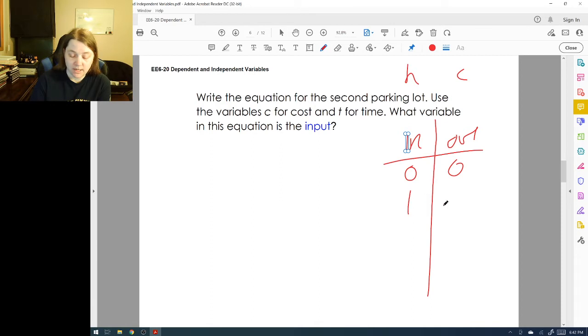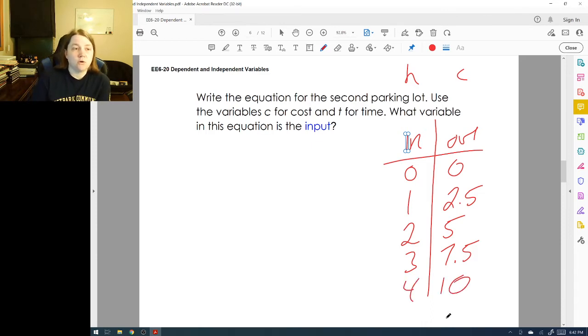We put in 1 hour, we get out a cost of $2.50. 2 hours, $5. 3 hours, $7.50. 4 hours, $10.